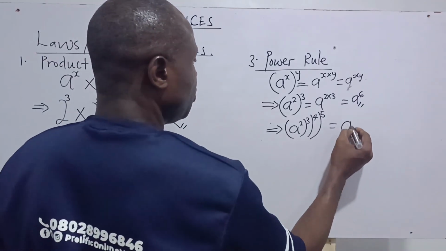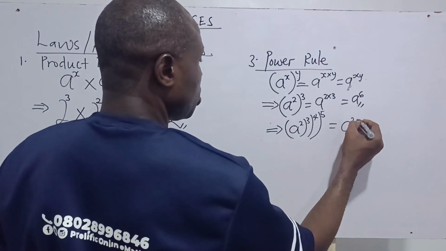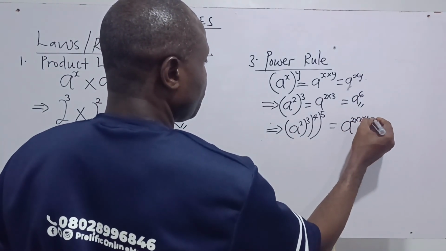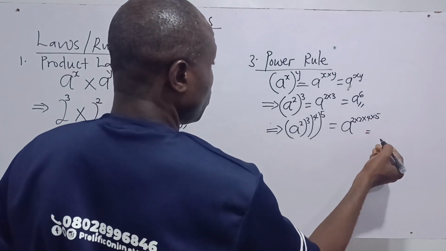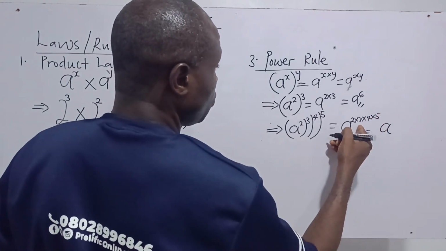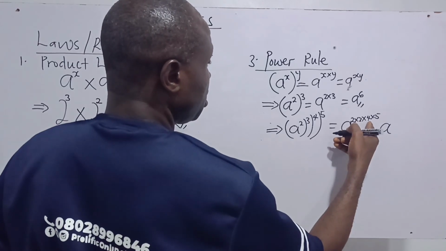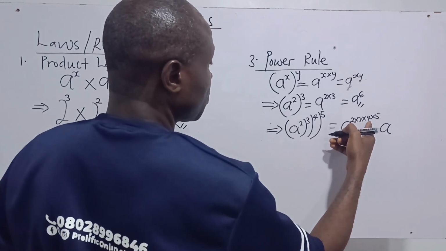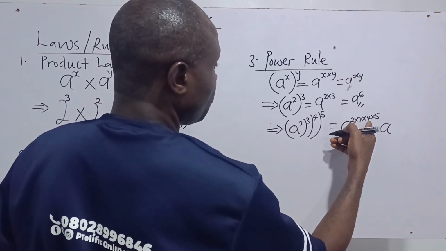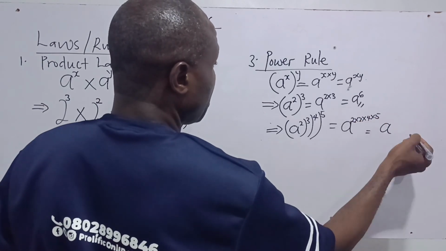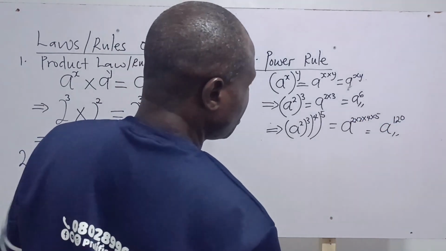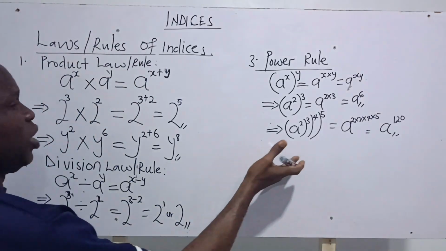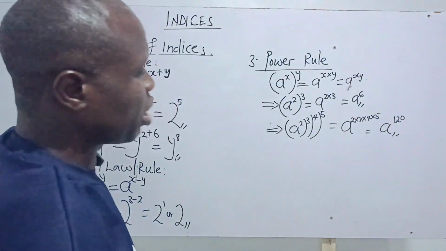Just say a raised to power 2 multiplied by 3 multiplied by 4 multiplied by 5. 2 times 3 is 6, 6 times 4 is 24, 24 times 5 is 120. That's the answer. So whenever you have issues like this, just go straight and multiply them out.